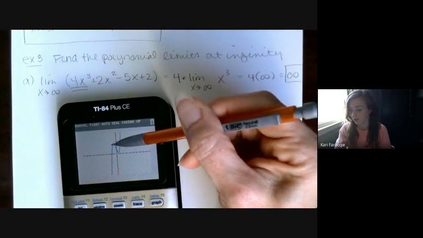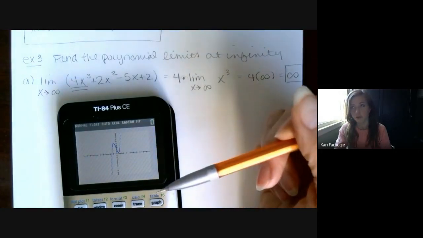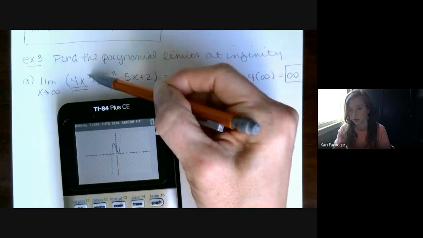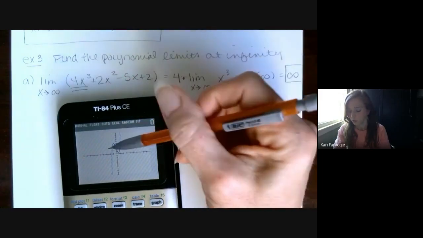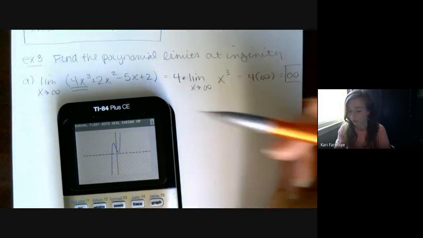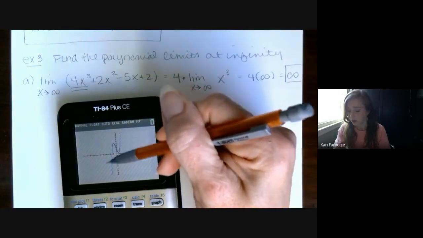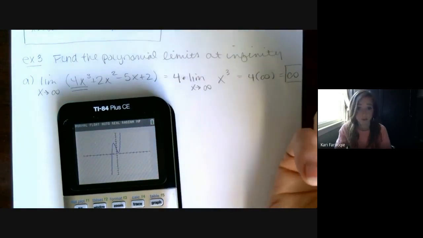But it's got a turning point here and a turning point there. You're only going to have as many turning points as your degree minus 1. So it's a 3rd degree polynomial. 3 minus 1 is 2. You've got 2 turning points. That's the only thing that can happen with this function. It's already done anything interesting that it was going to do. All it can do now is go up. That's it.